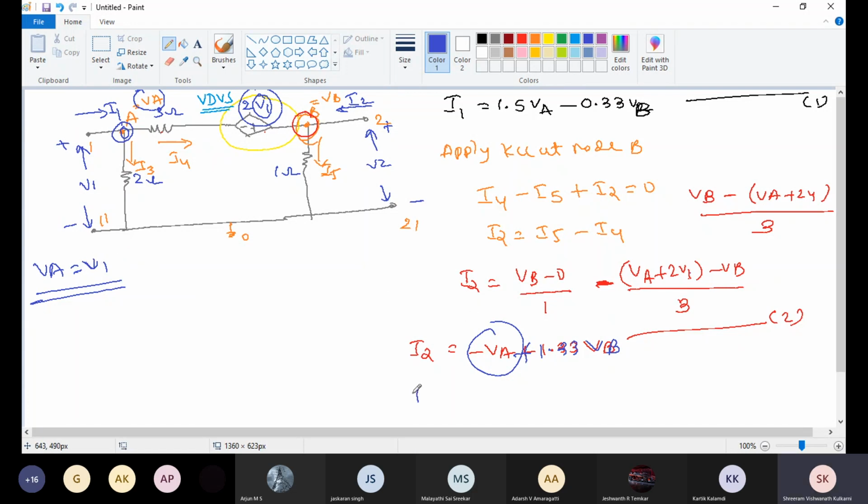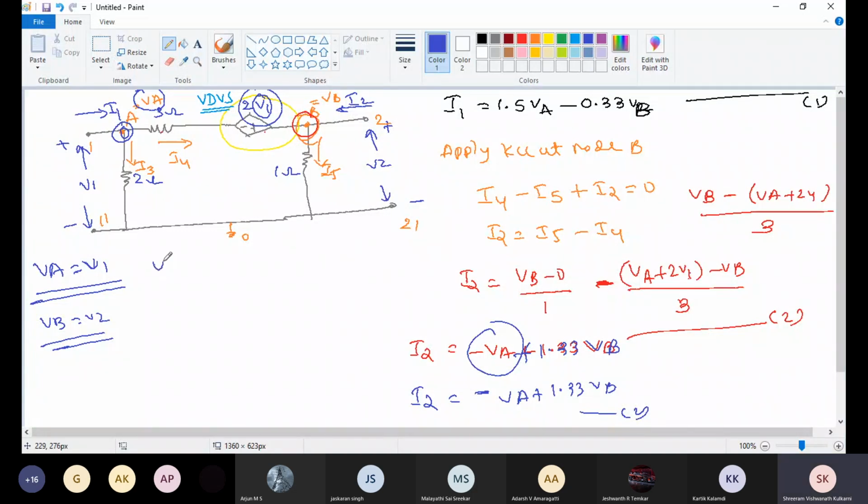Then I'll get I2 equal to minus V1 plus 1.33 V2, if we take VB equal to V2. Here, minus VA plus 1.33 VB. This is equation number 2.